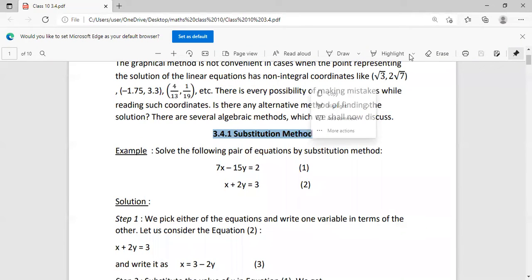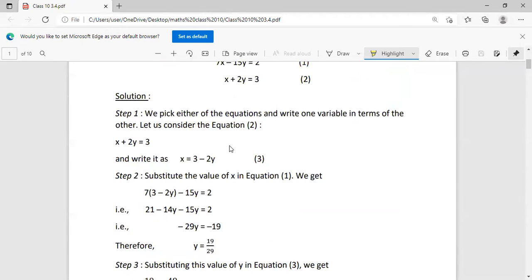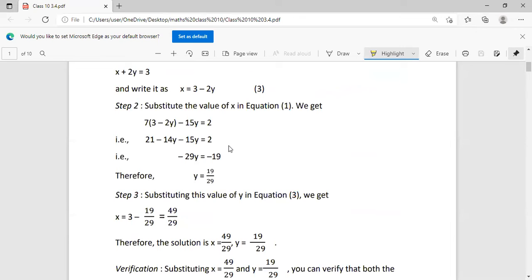Okay. So yesterday we had seen this substitution method, and especially in substitution method we have seen the three sections, where in the first section the equation 1 has a possible solution.